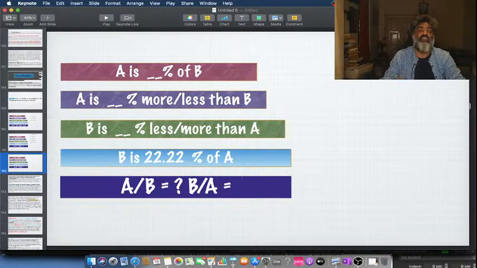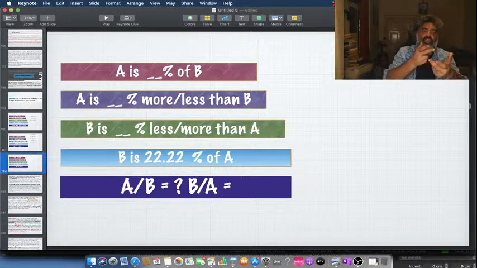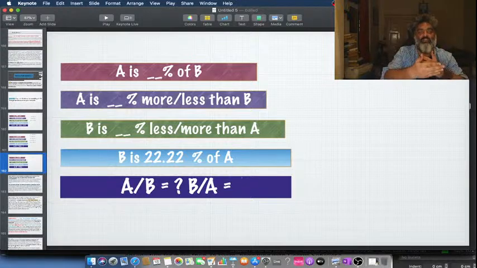If nothing else, the idea is that the moment I have a ratio, I have percentage information. If I have percentage information, I have ratio information, and it's up to me how I want to look at it. And I'm an adult human being, I shouldn't be getting confused between this point of view and this point of view, right?